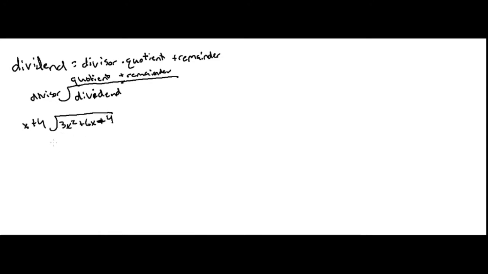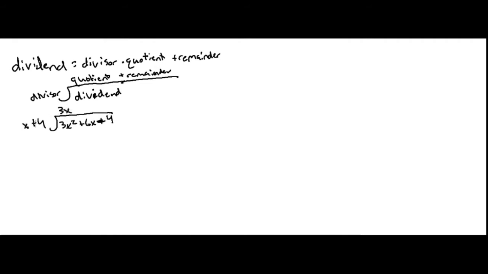Now we need to figure out what times x will get us 3x squared. We know there's going to be a 3 in front of x, and then what times x will get you x squared? That'll just be x. So it's going to be 3x.